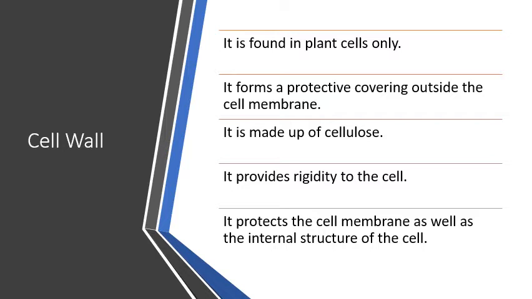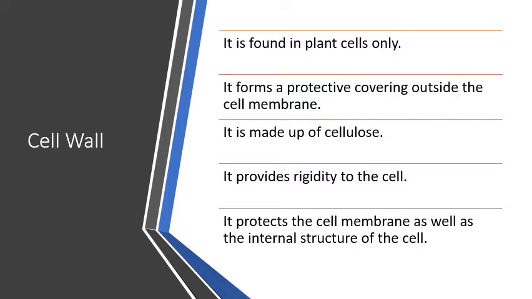Next is the cell wall. What is the cell wall? It is a structure that is found only in plant cells. It forms a protective covering outside the cell membrane. That means it encloses the cell membrane in case of plant cells.